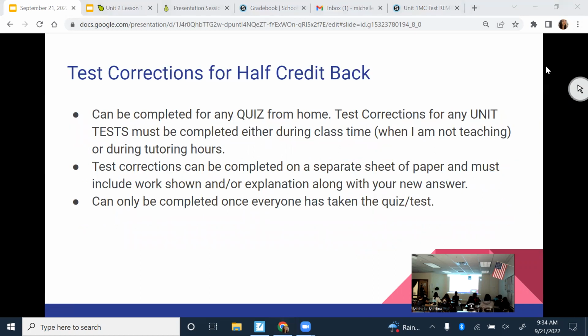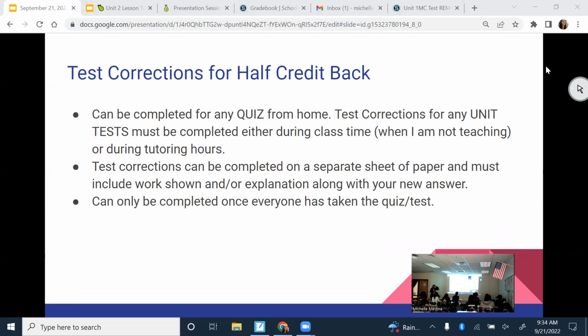Just so you know, if retakes aren't for you, you could also do test corrections for half credit back. Quizzes you can correct from home on a separate piece of paper. Tests, like unit tests, will have to be done in this room to keep it more secure. And what I'm looking for is not just a correct answer, but an explanation too. Some of the test corrections that I've graded, I've not been able to reward points because there was no work shown or explanation.